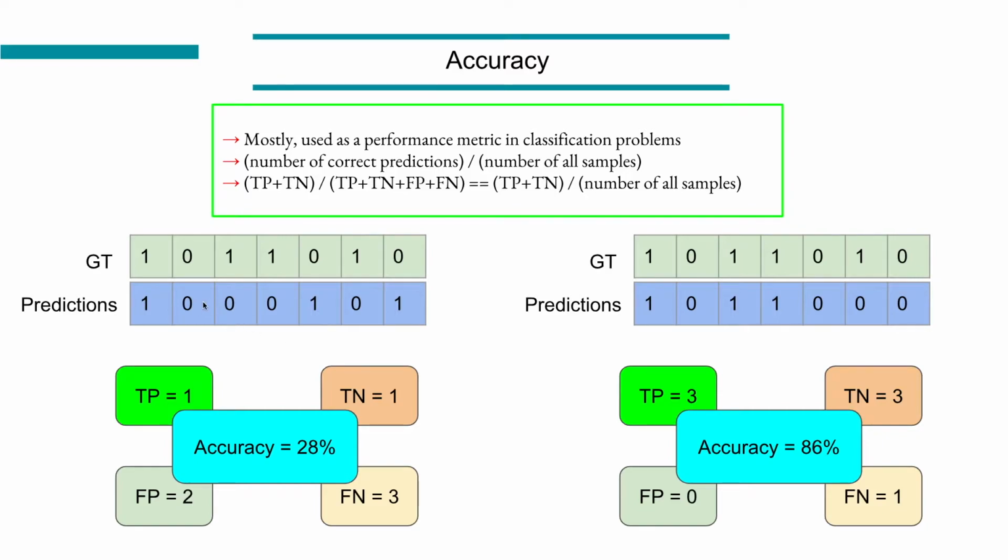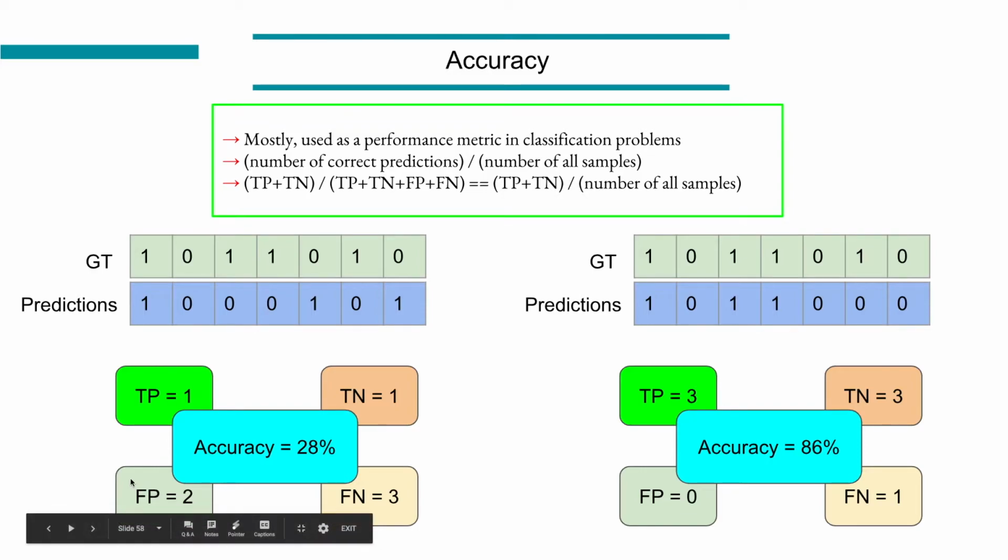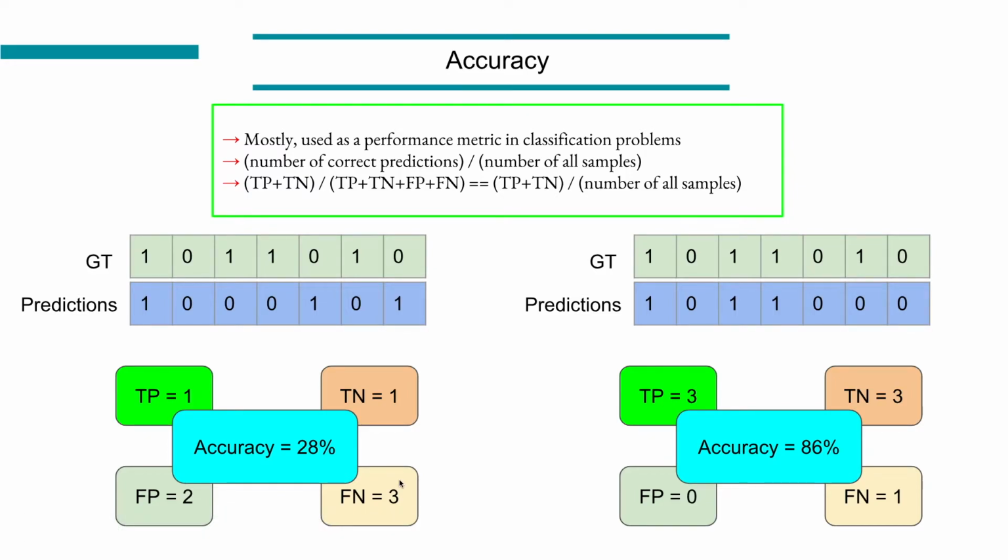Our model predicted the sample as negative here, and only one of them was true, so true negative is 1. False positive: our model predicted the samples as positive, here and here, and 2 of them were false, so false positive is 2, and false negative is 3. These are the false negatives. The accuracy is 2 over 7, about 28%.